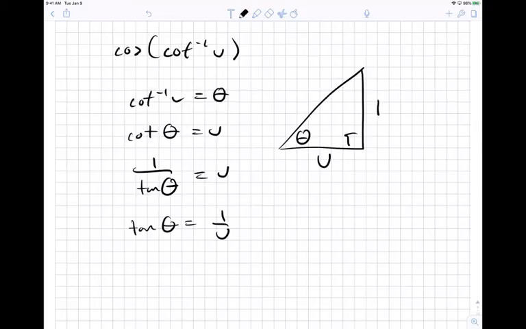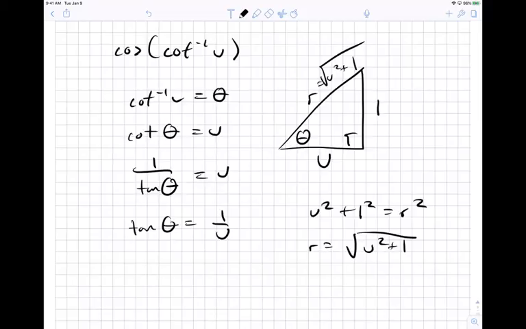So the radius or the hypotenuse is going to be u squared plus 1 squared equals, I just call it r squared. So then the r is going to be, normally plus or minus, but we're just going to take plus for this discussion, the square root of u squared plus 1.